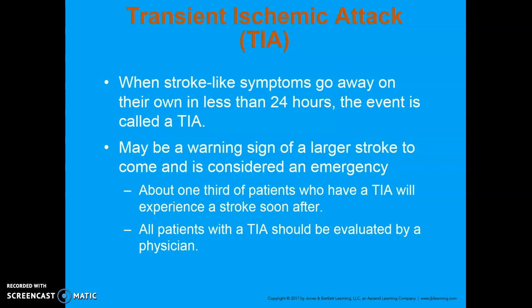Although most patients really do well with their TIAs and they come out of it just fine, we still treat it as an emergency because it can be a significant warning sign that you are going to have a stroke in the near future. One third of the patients who actually have a TIA experience a stroke shortly thereafter. So they all should be evaluated by a physician to make sure that they're not at risk for that impending stroke.